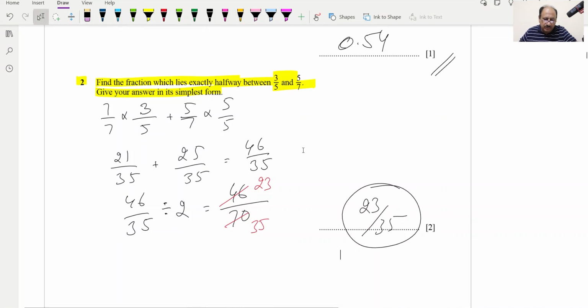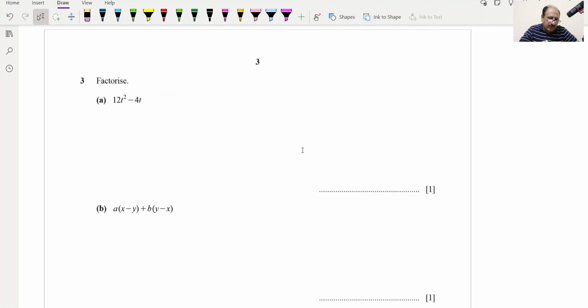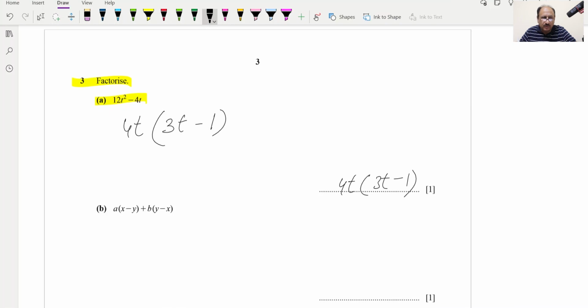Question number 3, we have to factorize. We take 4t common, and inside will be 3t minus 1. So our final answer is 4t into 3t minus 1.